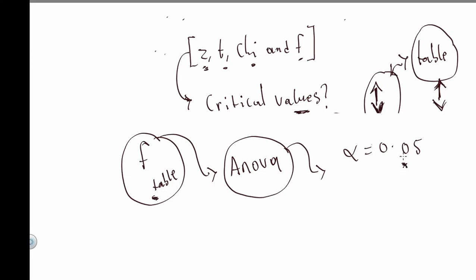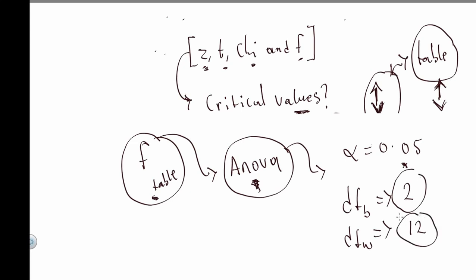All we do is find the degree of freedom between and the degree of freedom within, and these values will be in the question. Let's assume the degree of freedom between is 2 and the degree of freedom within is 12, for example. If you see a degree of freedom between of 10 or 5 within, the same thing. So now all we need to do is check the F distribution table for 2 and 12.